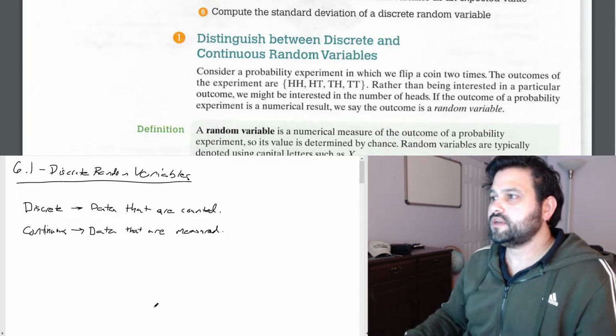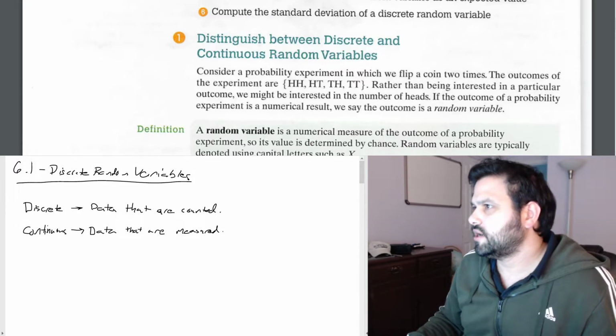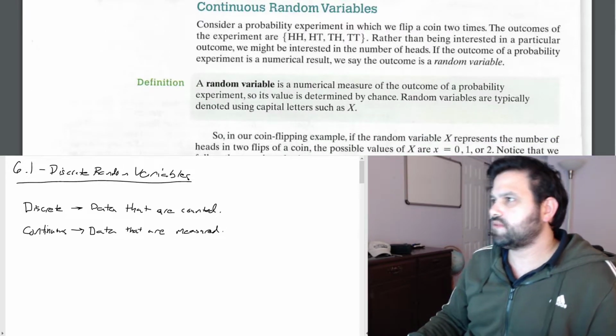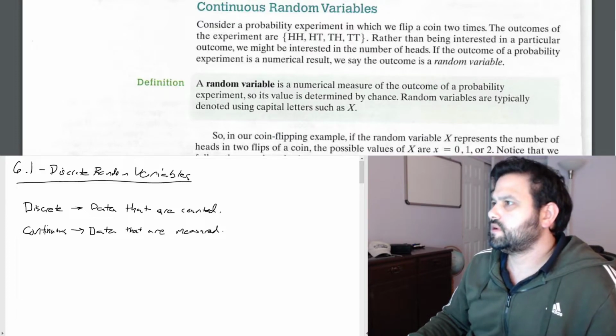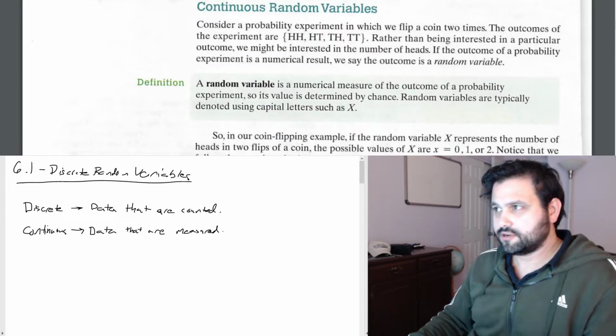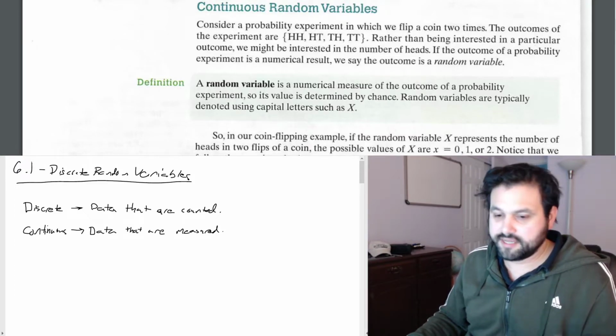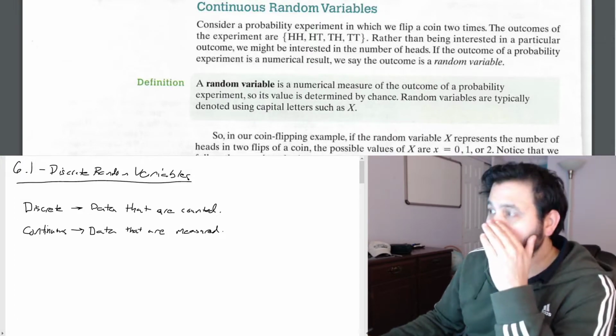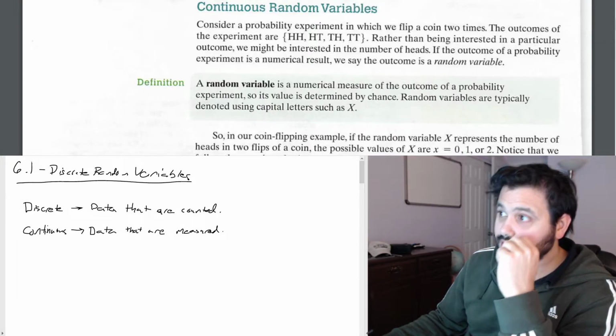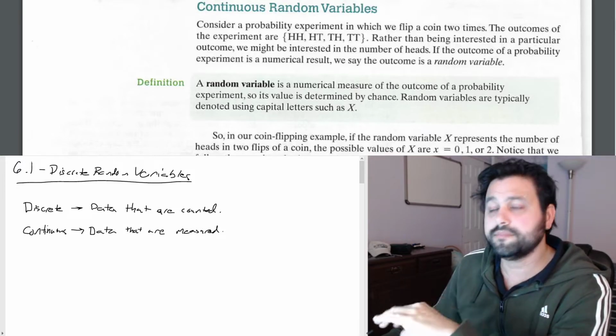Okay, so let's take a look at the book. Consider a probability experiment in which we flip a coin 2 times. The outcomes of the experiment are, well, what are all the possibilities? You could get heads, heads, heads, tails, tails, heads, tails, tails. Rather than being interested in a particular outcome, we might be interested in the number of heads.